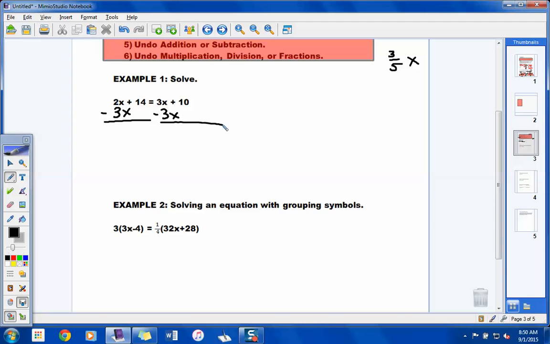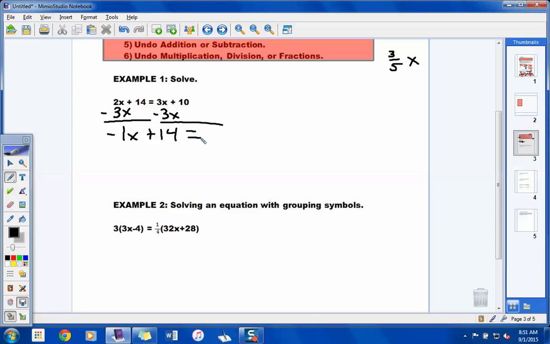Help me rewrite the left-hand side now. Here you have a 2x minus what, guys? 3x, which is negative 1x. What's still on the left side? So I've got to put a plus 14.